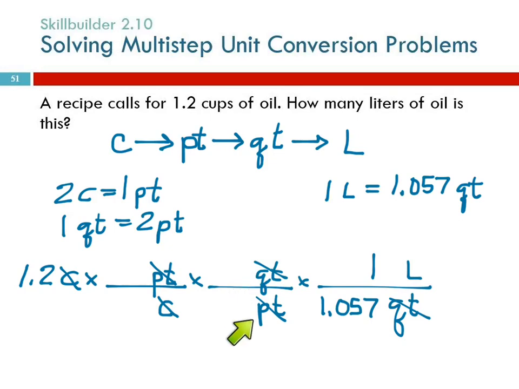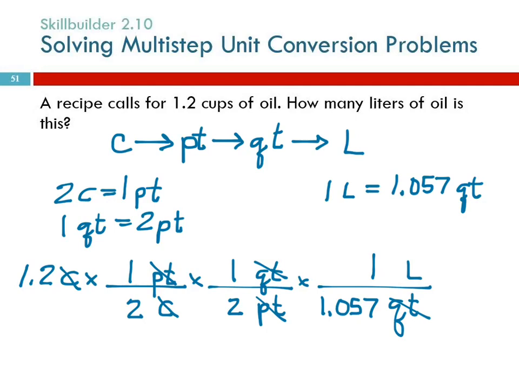Quarts and pints. 1 quart is 2 pints. I have to put 1 quart equals 2 pints. And then here, pints and cups. 2 cups is equal to 1 pint. 2 goes with cups, 1 goes with pint. And I would encourage you, calculation like this, don't write down intermediate values.